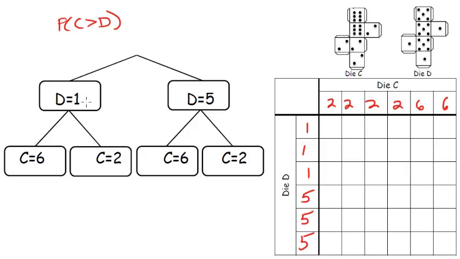So you said D is either a 1 or a 5. So the probability that D is 1, well, this happens half the time. Or some of you guys said 3 out of 6 times. And D equals 5 happens half the time. Okay, then we come down here, well, when does C get a 6? Well, if we look here, C gets a 6 2 out of 6, which is 1/3 of the time. And C gets a 2 the remaining 2/3 of the time.